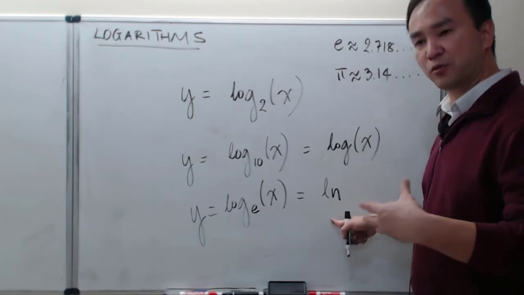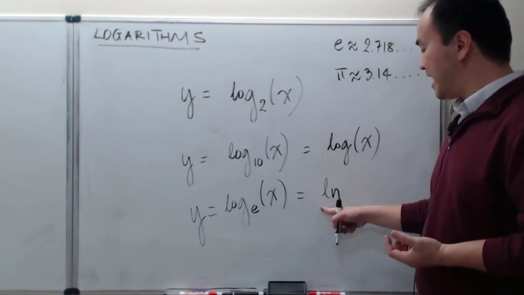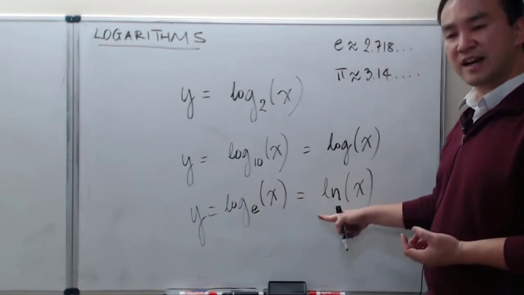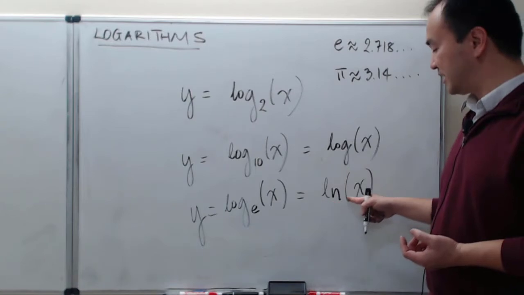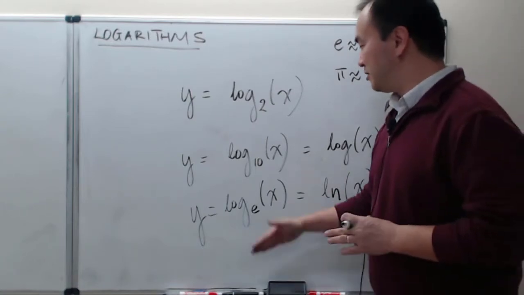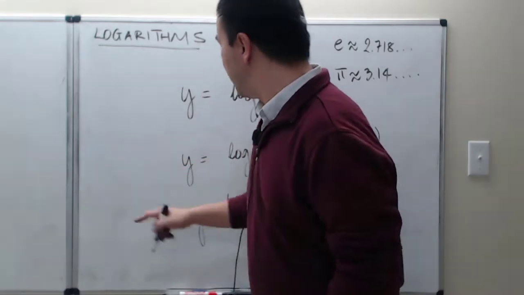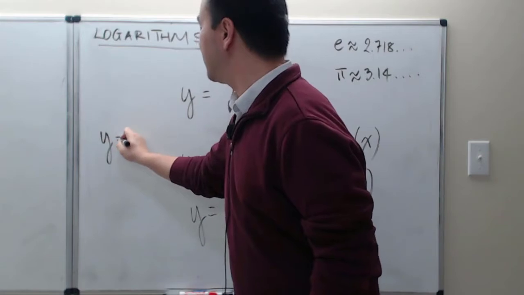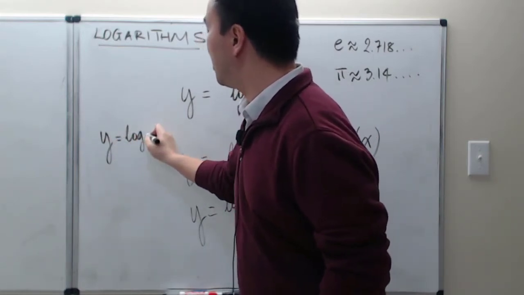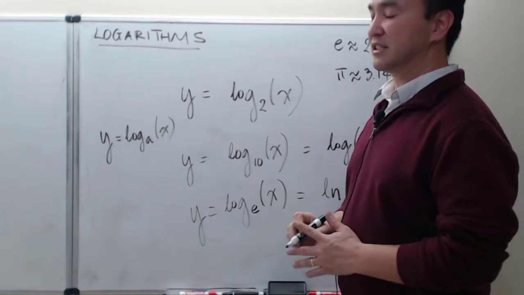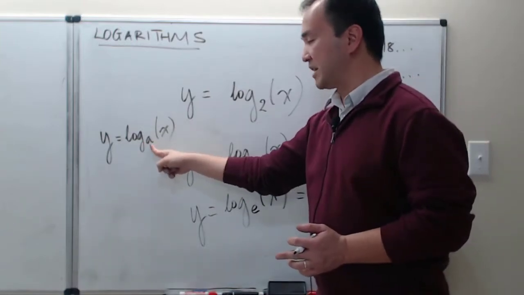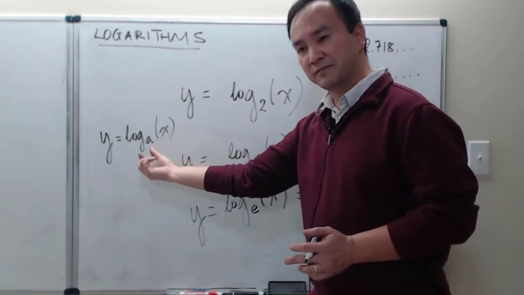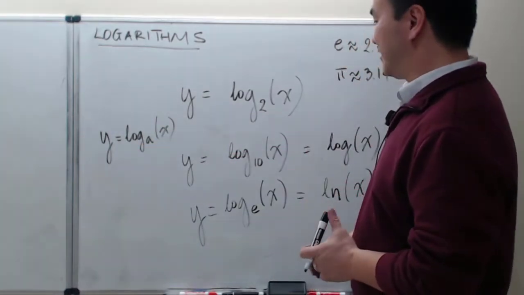So log base e is written ln of x, the natural log of x. Generally, outside of the two special bases, base 10 and base e, a logarithm function is log base a of an input argument, and the base a must be a positive constant.